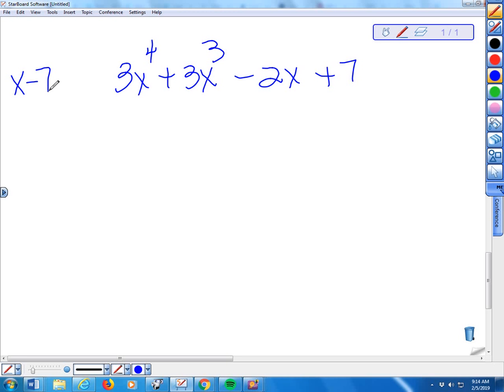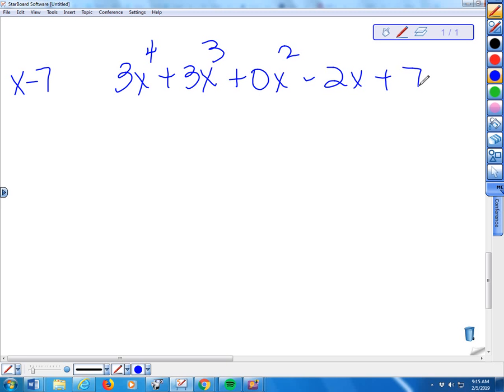If there's one missing in order, you must put something called a placeholder. That was in the textbook. So you put a 0 placeholder, so that when you do the long division, that x squared piece will come through.